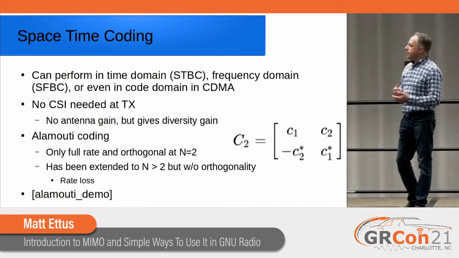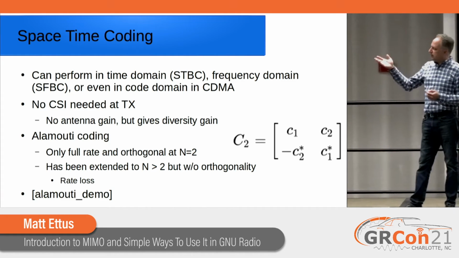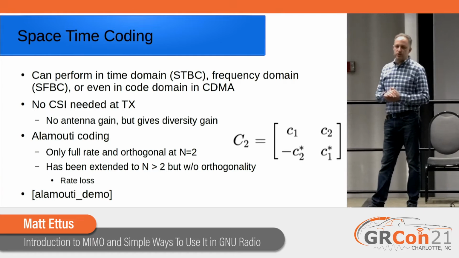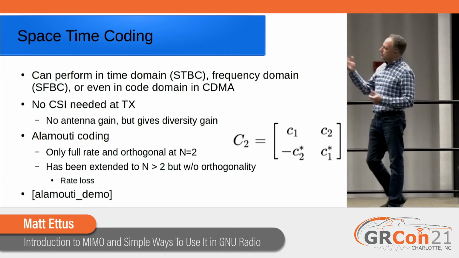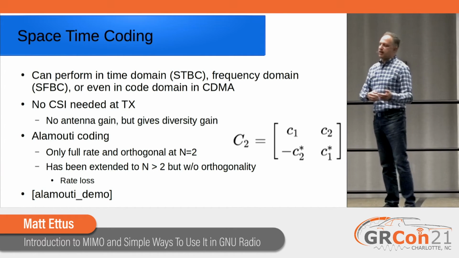And so the way you do that, the first way that was discovered to do this is called Alamouti encoding, and the general family of these things is called space-time block coding.